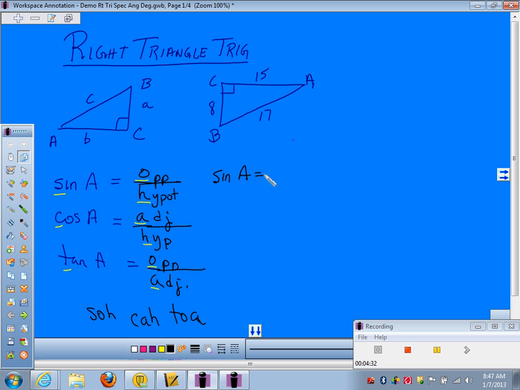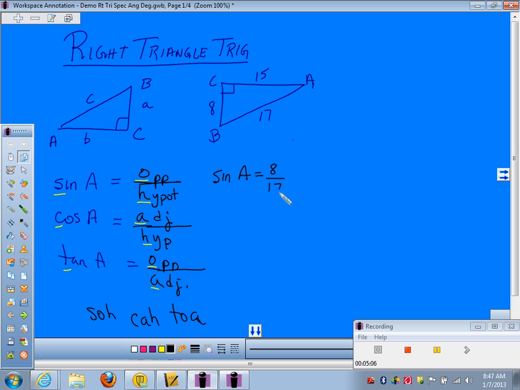Okay, so when it talks about opposite, it's opposite of what? The angle. So if you're doing sine of angle A, you have to go, what side is opposite angle A? Well, opposite angle A is 8 over hypotenuse, which is 17.